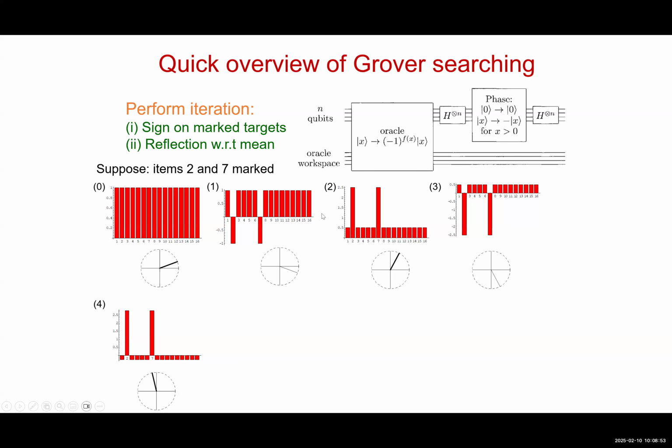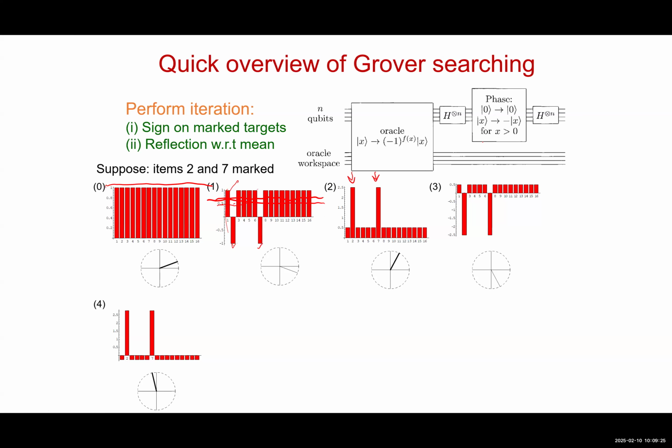The mean here in the beginning, of course, is this, and the mean here you can see is not quite at the top, but it gets reduced because of the two negative amplitudes. And then when you reflect with respect to that, it flips, and these two lower negative ones become higher. So that's these two.